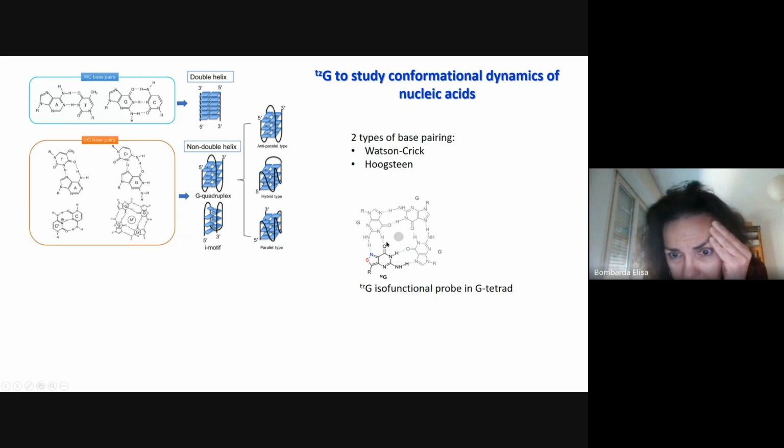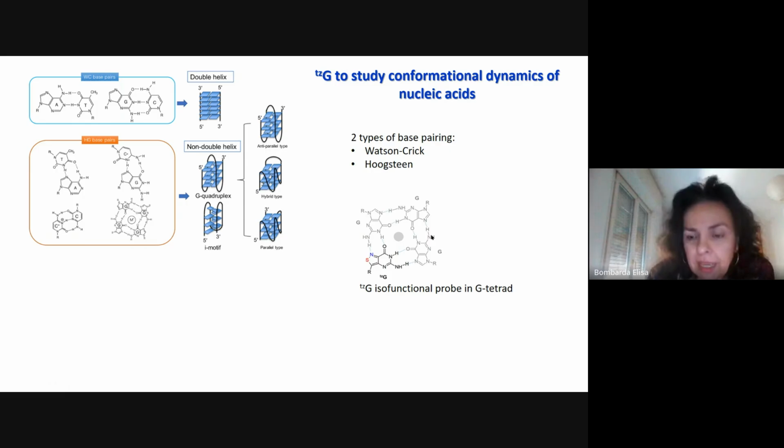As you see, here we have inserted a TCG. These are all natural guanines, and that is a TCG, and due to its nitrogen in position 7, it can form exactly the same hydrogen bonds as a natural guanine.